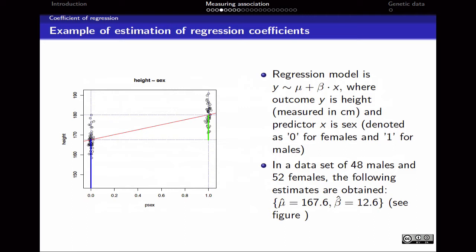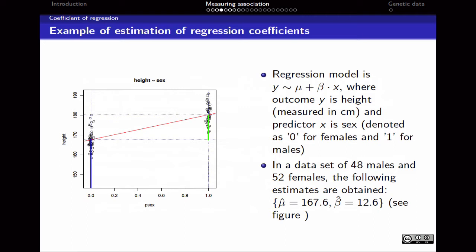On this graph every dot represents a person with particular sex and height. The dataset depicted in the picture contains 48 males, so there are 48 dots on the right side, and 52 females.